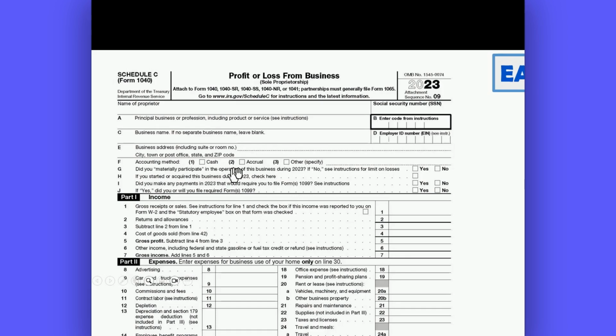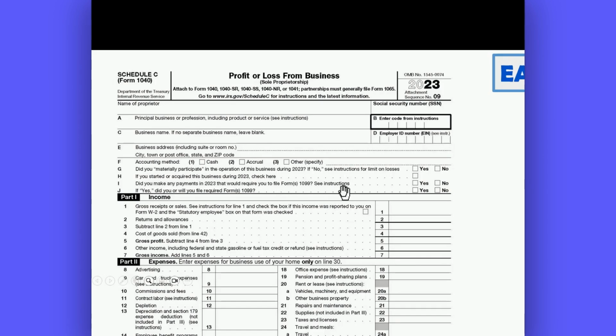You do have to choose your accounting method. Most sole proprietors are on the cash method, but you would put your accounting method there. Whether or not you materially participate, you check the box. If you just started the business during the year, then you check the box. Did you make any payments that would require you to file a Form 1099?